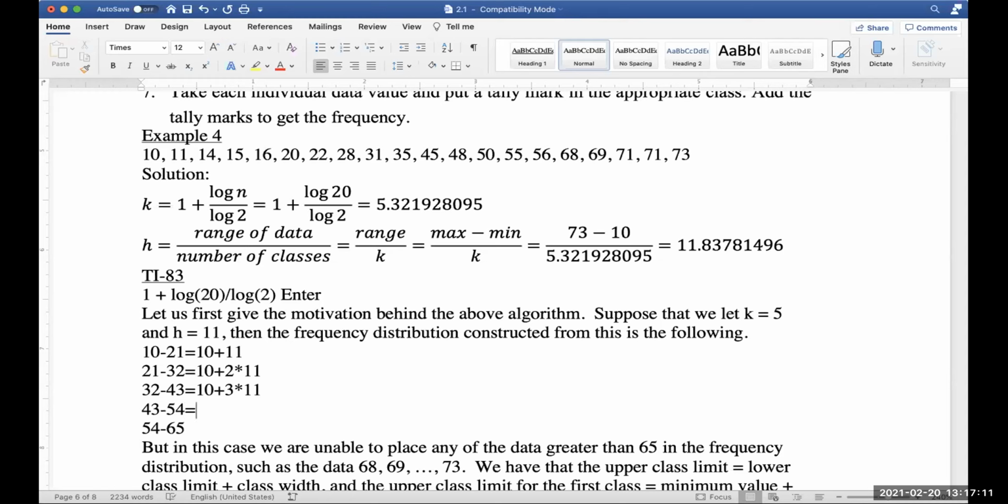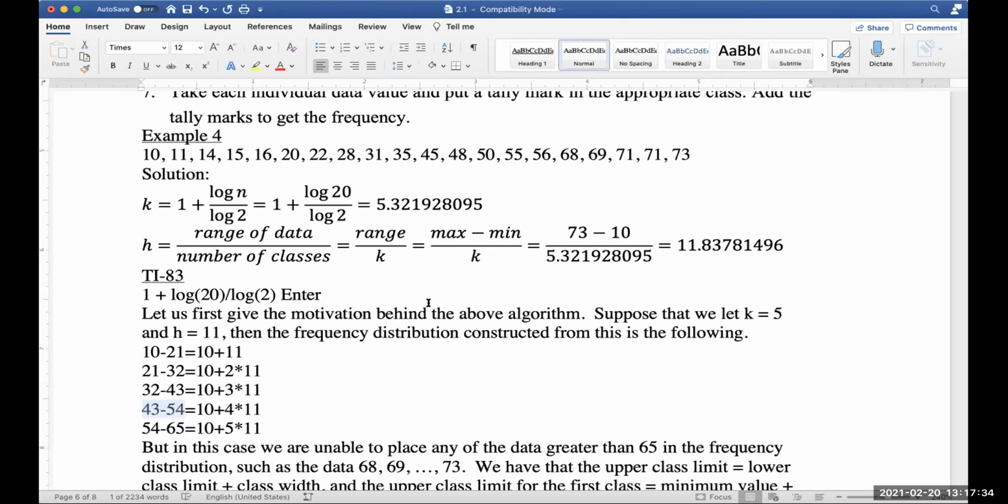Let's do the next one. I can probably guess it. It's 10 plus 4 times 11. 44 plus 10 is 54. Yeah, that's right. 10 plus 5 times 11. 55 plus 10 is 65. Yeah, that's correct. But now the class widths are all 11.